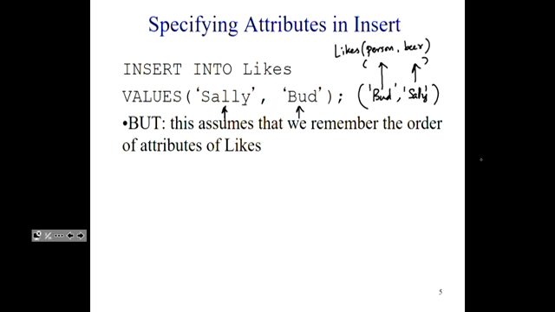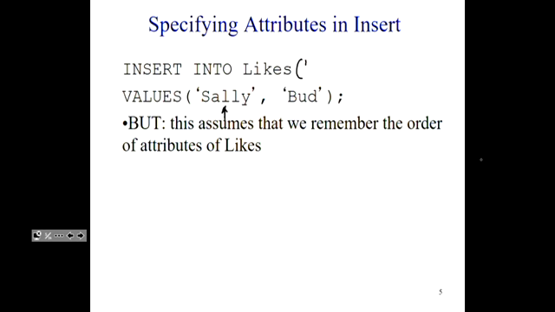Okay, so in such cases where you don't remember the order of the attributes listed in your relation, you can explicitly go ahead and say which attributes are in which position. So you can say, look, for the purpose of this insert statement, this is person and this is beer. Okay?